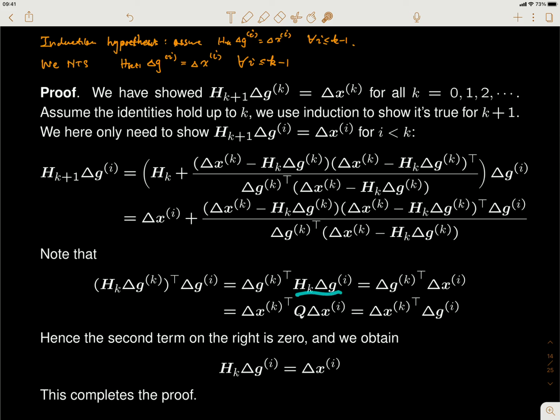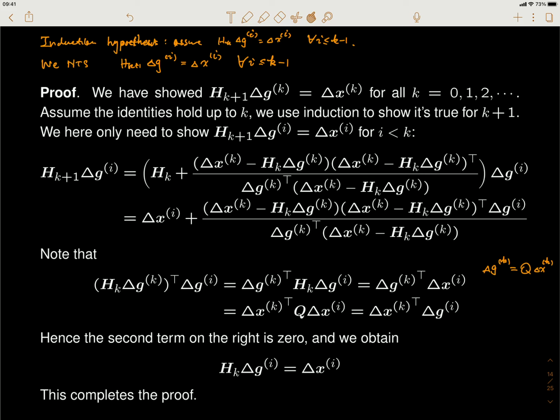So this part is just a delta xi. And recall that delta gk is Q times delta xk. You always recall that for a quadratic function, delta gk is equal to Q times delta xk. That's why this transpose becomes this. So from here to here, we use delta gk equals Q delta xk.